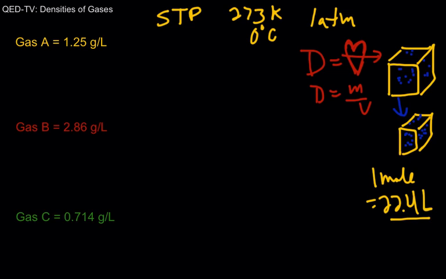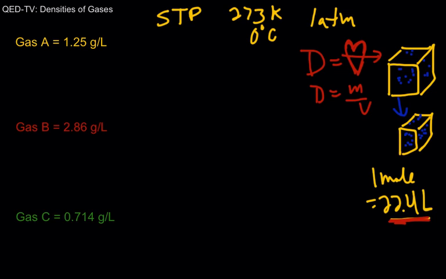So I'm saying that these gases are under STP, and because they're under STP, that means I can call this density the density of 1 mole. I know the molar mass is grams per mole, so the mass would be per mole, and the volume of 1 mole is 22.4. So I actually know the density and the volume for these gases.